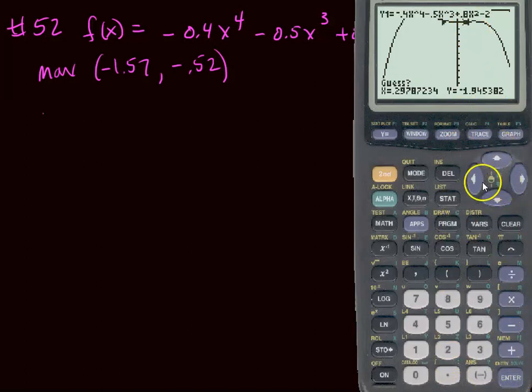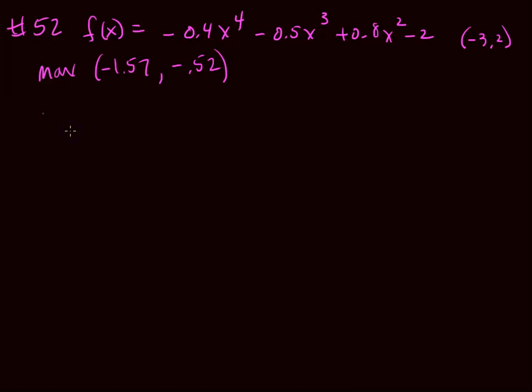And then guess someplace here. They say this is times 10 to the -6th. Okay, that's really 0. So 0, -2 is a minimum.